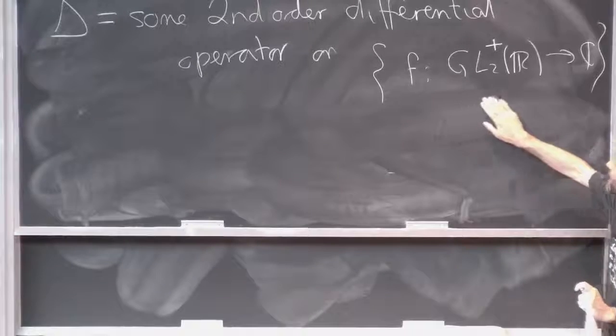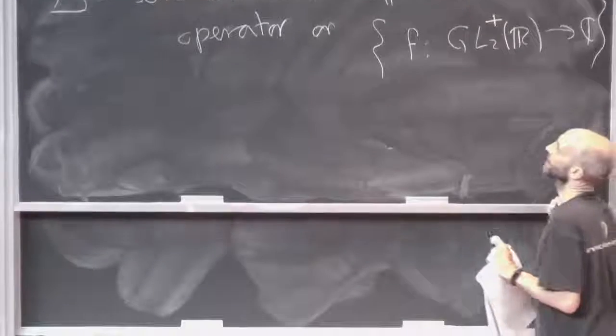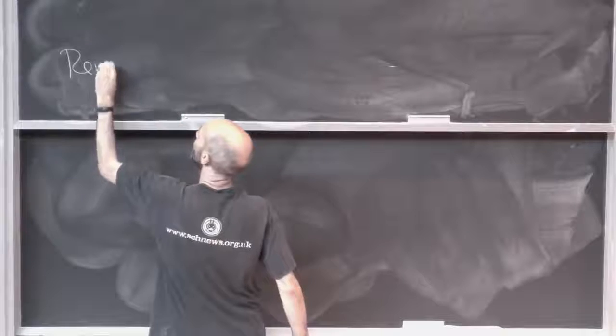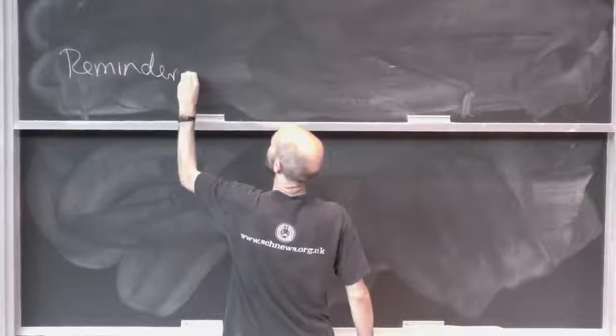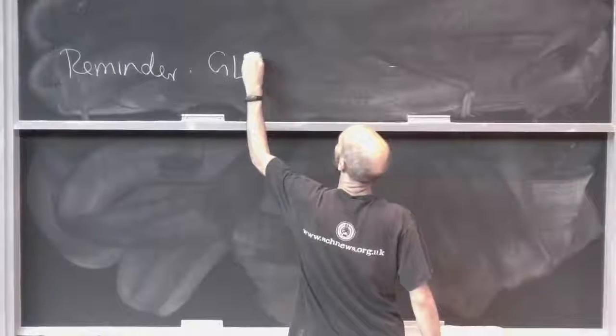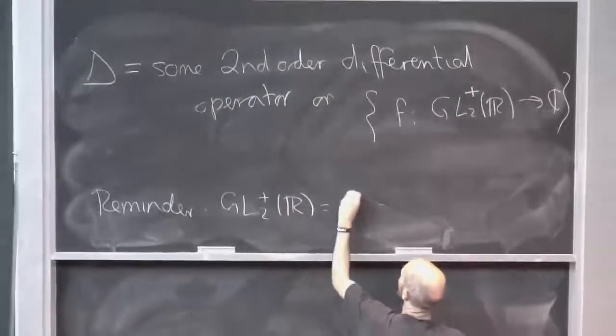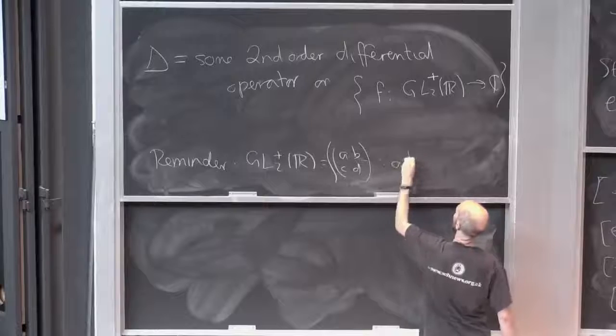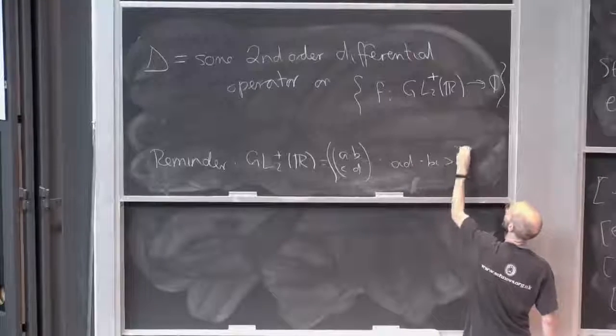But let's cut things down a bit. Let me remind you, here's a reminder. This group GL2 plus of R, which is the matrices of the form A, B, C, D such that AD minus BC is positive.